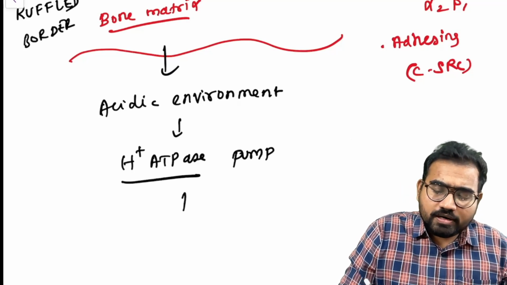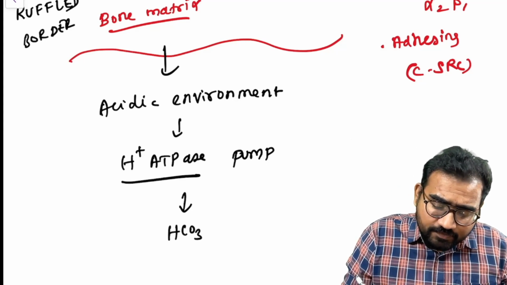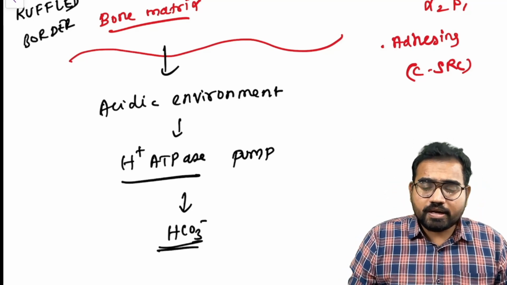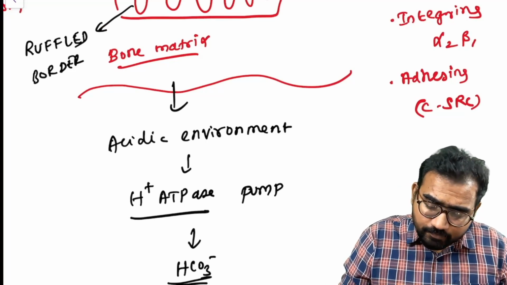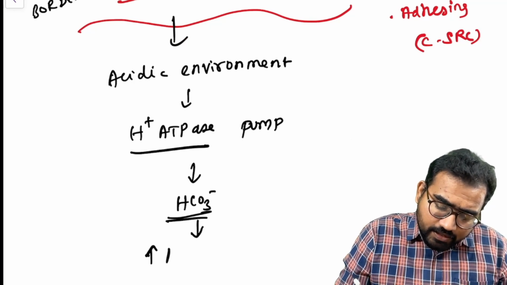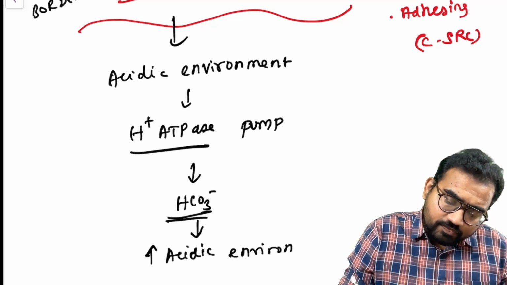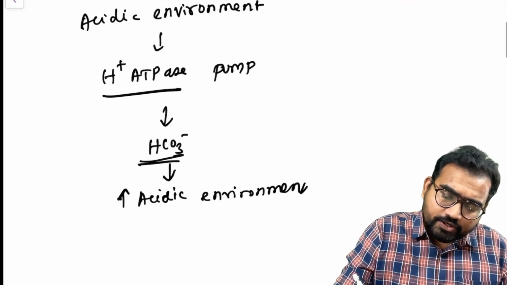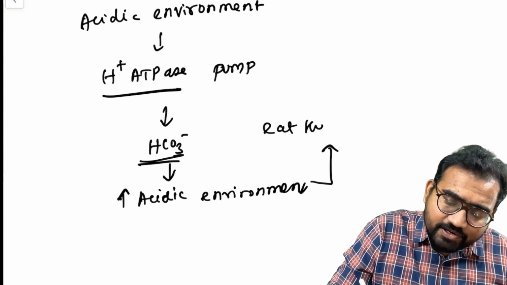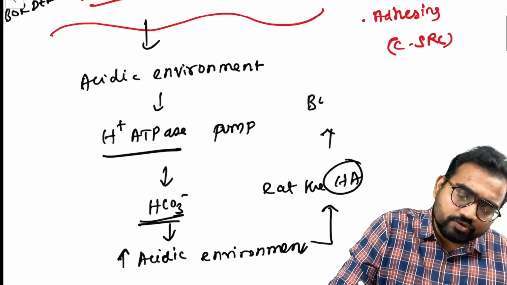There is going to be increased production of HCO3 minus carbonate ions, increased acid production, an increased acidic environment. This acidic environment is going to eat the hydroxyapatite crystals of the bone, and that is going to result in bone resorption.